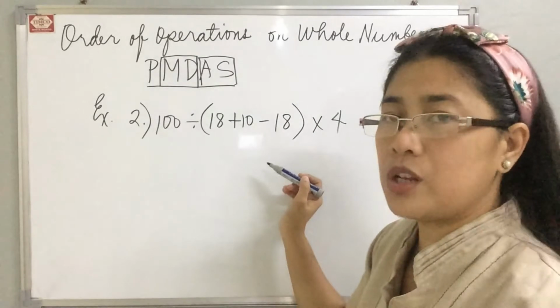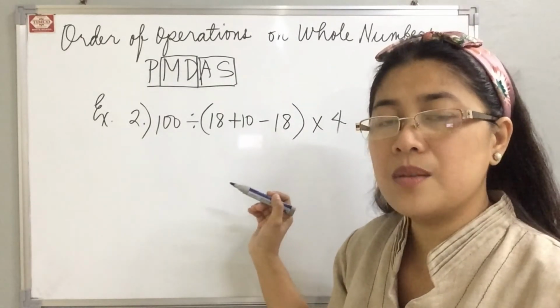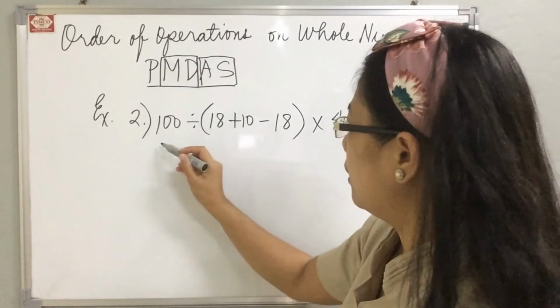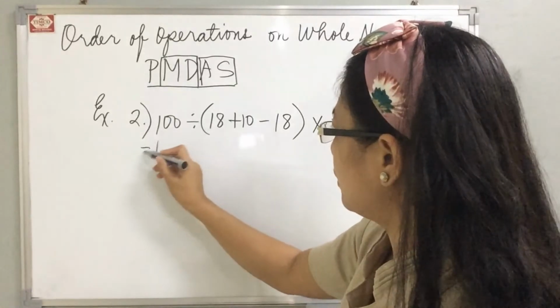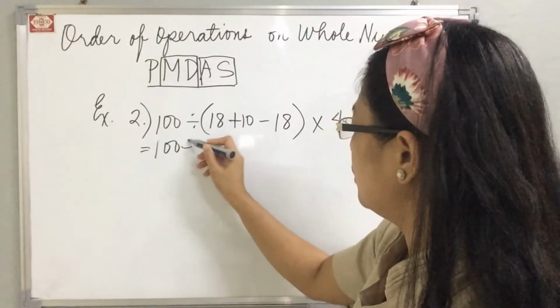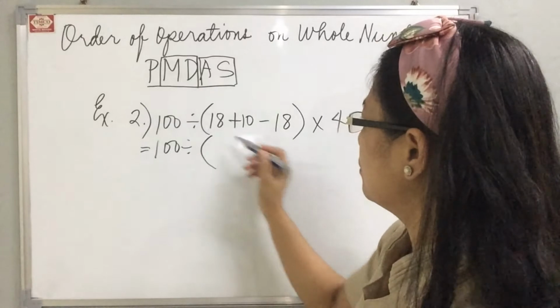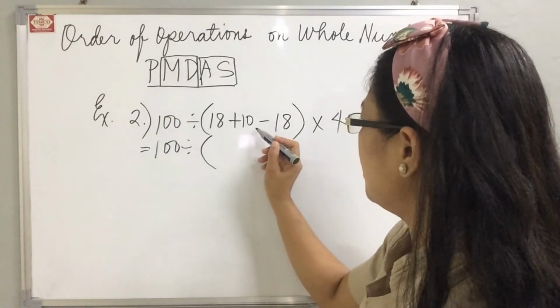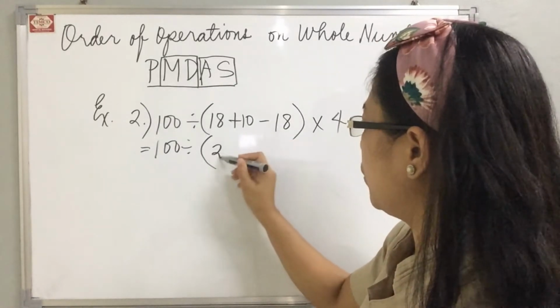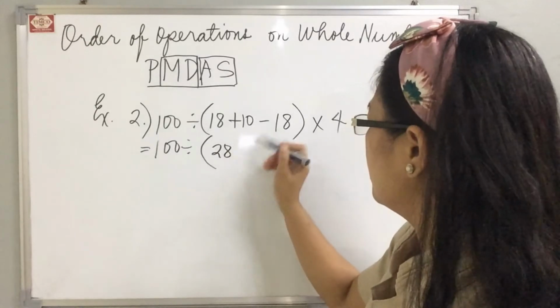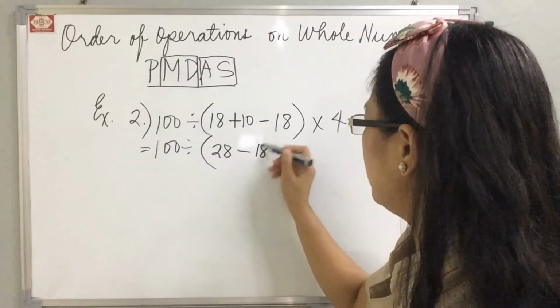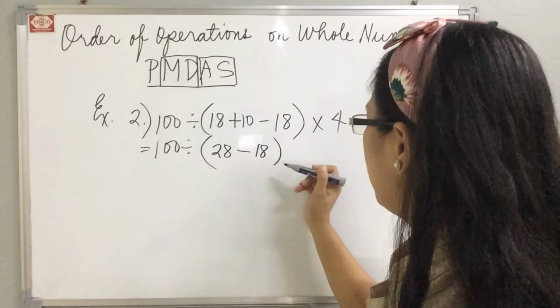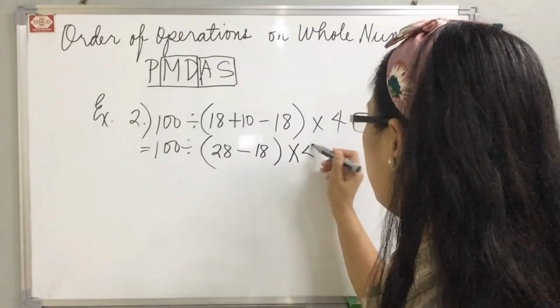So we have to solve first what's inside the parenthesis. Let's bring down 100, equal sign, divided by 18 plus 10, that is equal to 28. Bring down minus 18, close parenthesis, and then times 4.